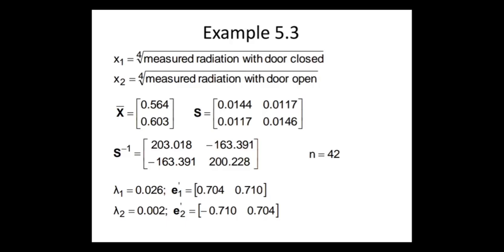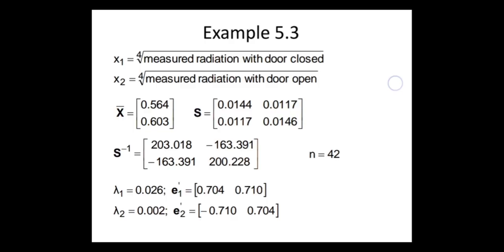Actually, the example here is from the data of the radiation from microwave in example 4.10 and 4.17 before this. So from here, X1 before this was radiation with door closed, and X2 was radiation with door open.